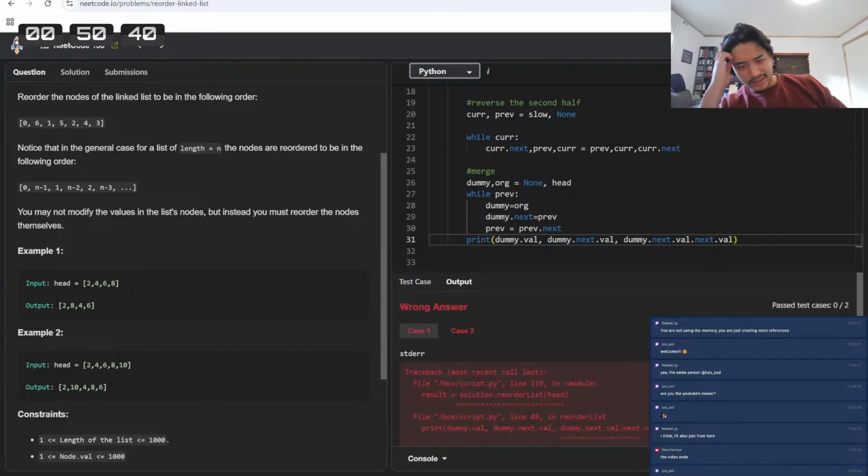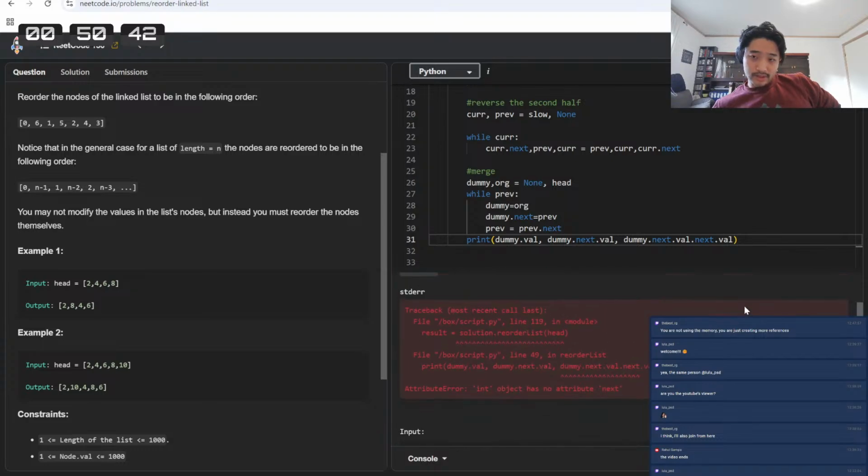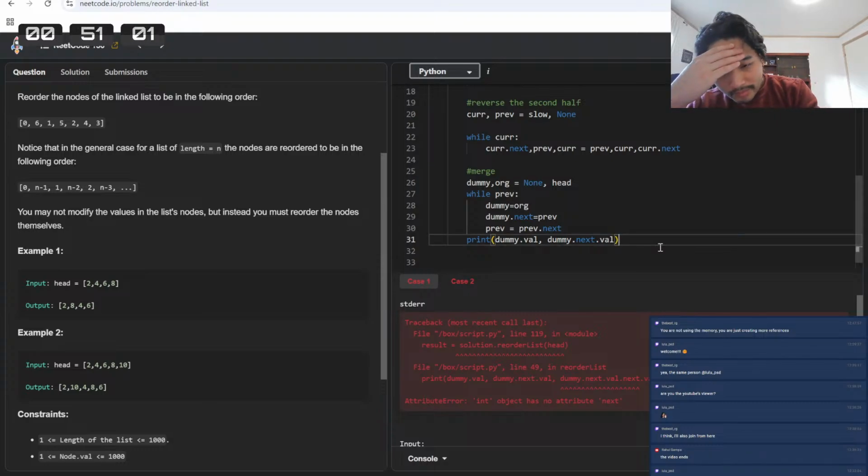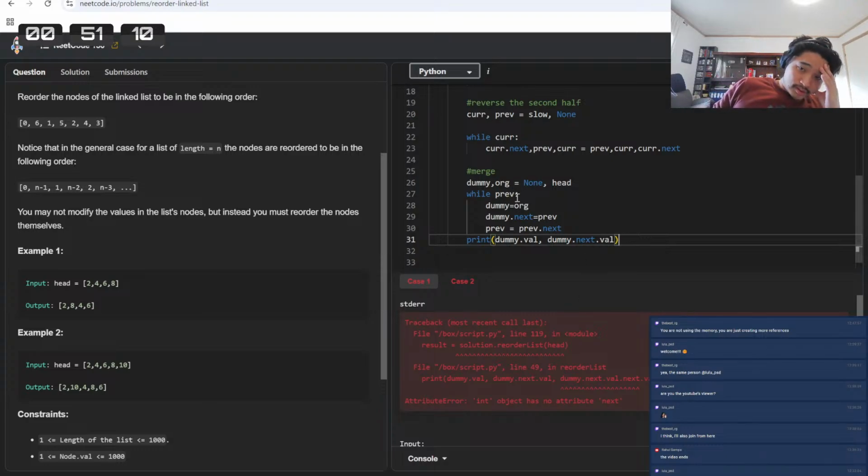It's merging two linked lists, why am I struggling? That doesn't even exist. Oh. That doesn't even exist, wait a second. I know there's something dumb here that I can't see.